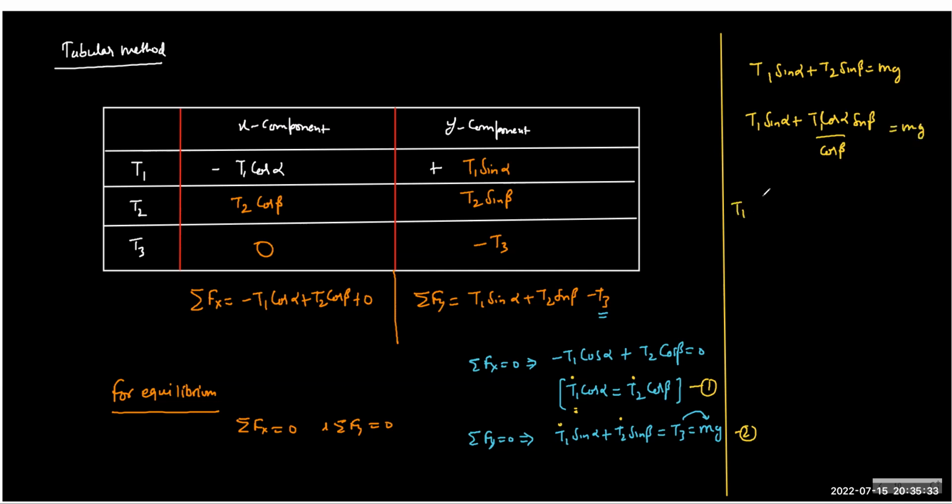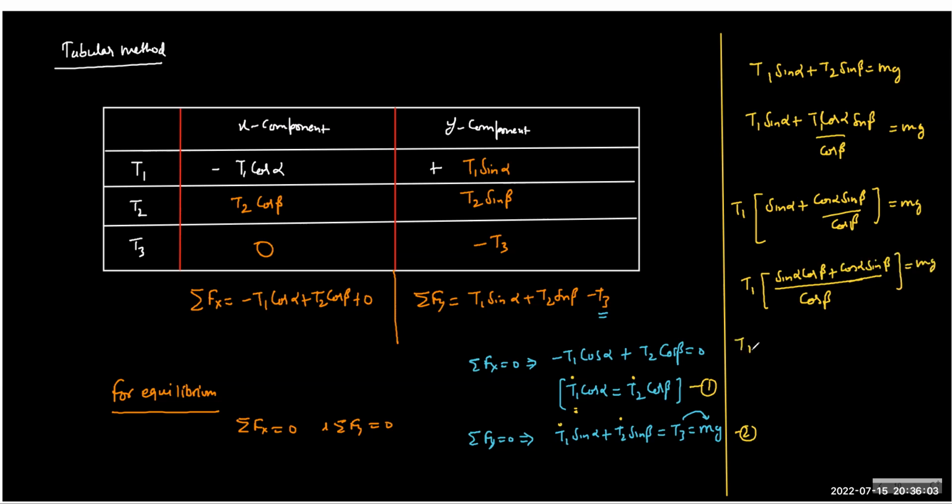So now you can take T1 common. Sin alpha plus cos alpha sin beta upon cos beta is mg. Take LCM. So what you can get is sin alpha cos beta plus cos alpha sin beta. You can express the answer this way also.